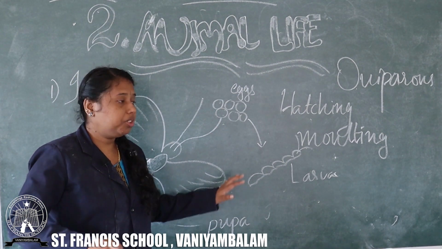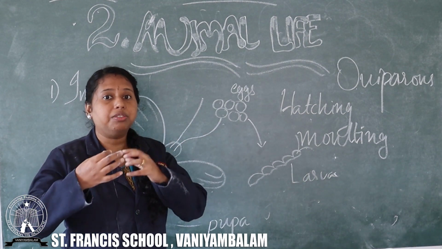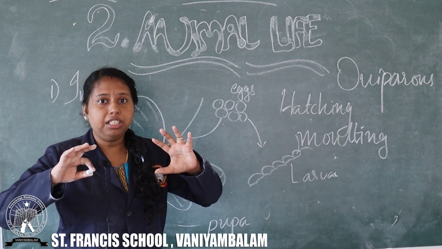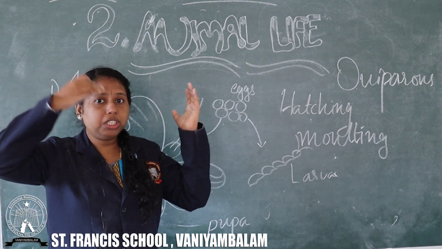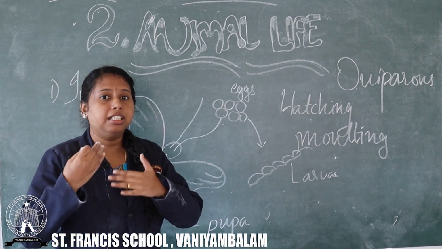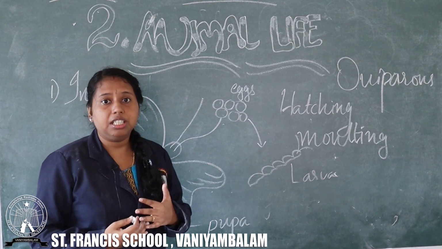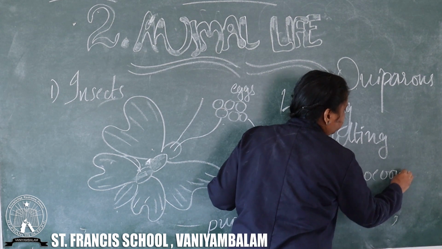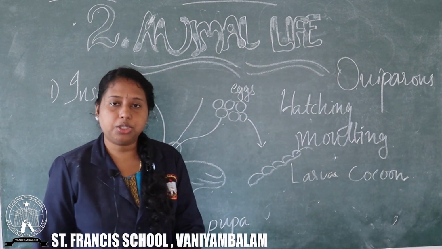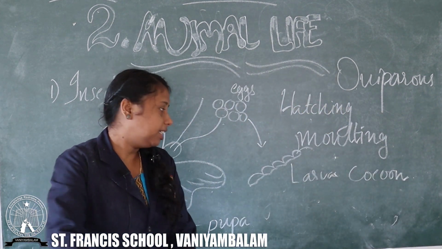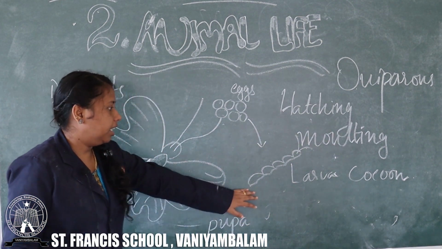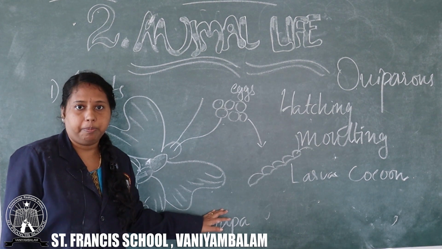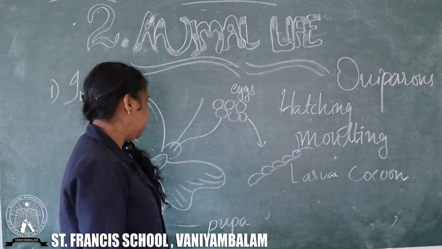After continuously eating its food, this larva will cover its body with a substance, and that covering is called cocoon. And then this stage is known as pupa.